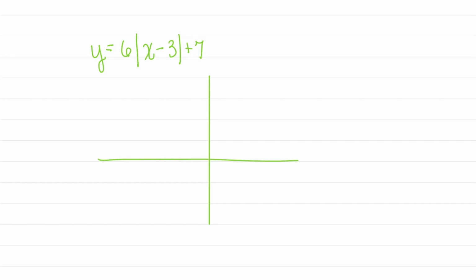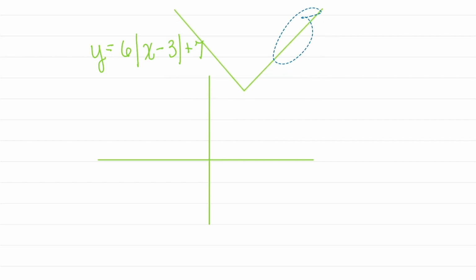We have an absolute value graph, so our parent function is going to look like the V. And we are translating this graph 3 units to the right and 7 units up. So we're going to go 1, 2, 3, 1, 2, 3, 4, 5, 6, 7.